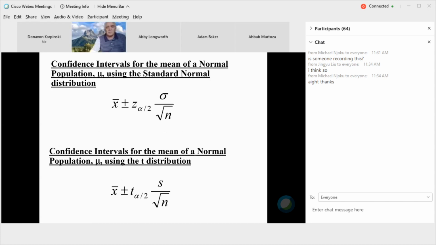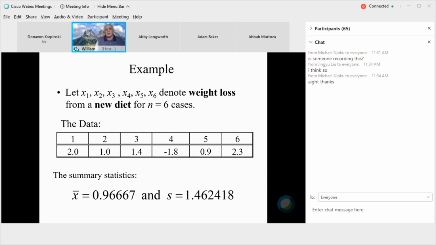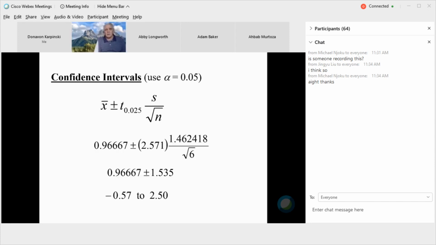So this is that data before. This is measuring weight gain on a new diet. The average sample weight gain is 0.9667, standard deviation 1.624. There's the formula for the confidence interval. Instead of z sub alpha over 2, you have to use t sub alpha over 2 for 5 degrees of freedom.